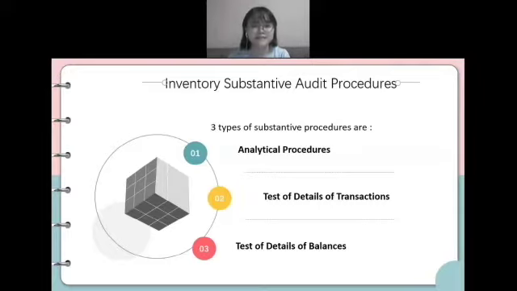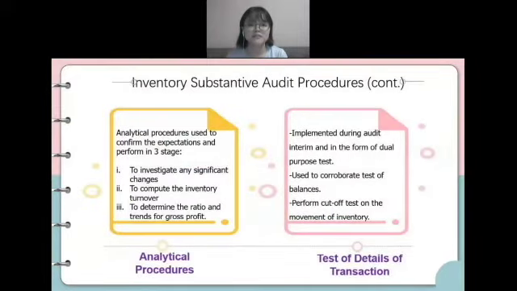For analytical procedures, usually we will compare the inventory value, such as the raw materials, work in process, and ending inventory for this year, with the values of previous years. We need to see whether there are any significant changes in the amounts.